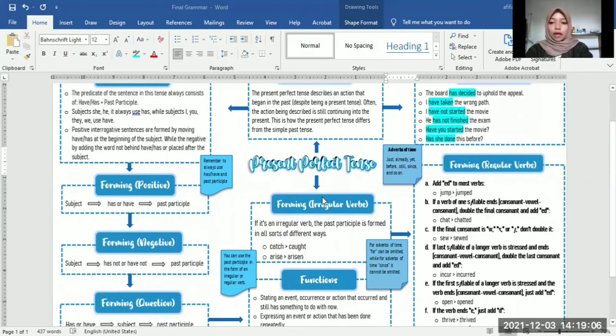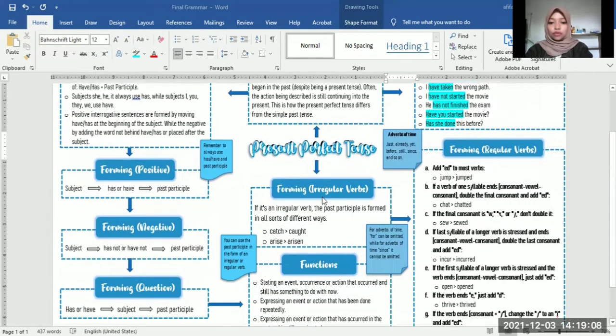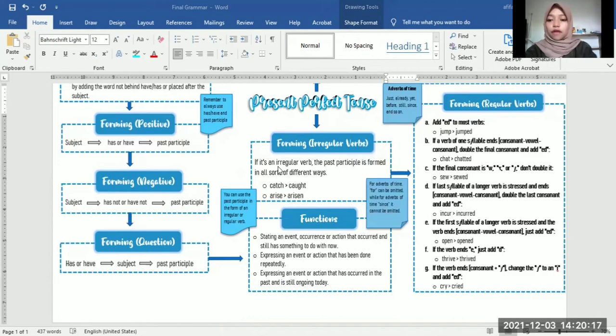Okay, I have some notes too of present perfect tense. Adverbs of time are just, already, yet, before, still, since, and so on. For adverbs of time, for can be omitted.